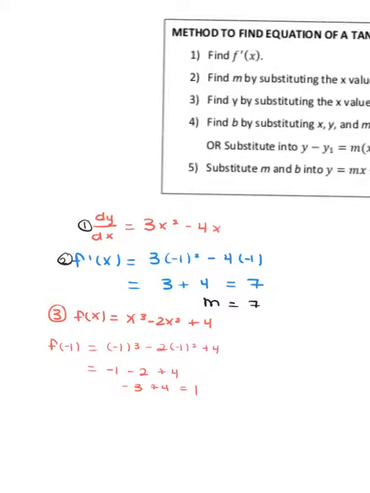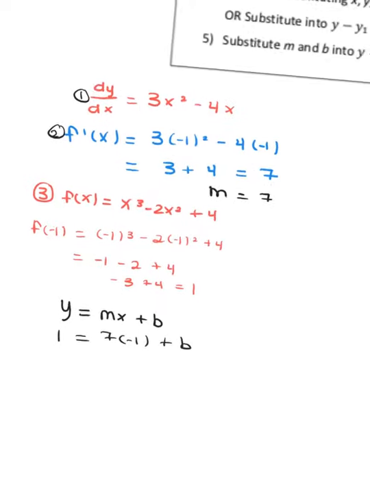So y equals mx plus b. The y value is 1. The slope is 7. The x value is -1. The b value I need to find. So this is just algebra 1 skills.